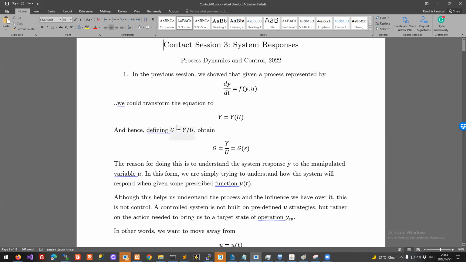We just call it a transfer function, y divided by u. And when we work that out, we find a function that is purely in S. So after you divide this equation by u, you typically get a function that's purely in S. So then you have g as a function of S. And the reason we want to do that is because that will really help us understand the response y to our variable u.